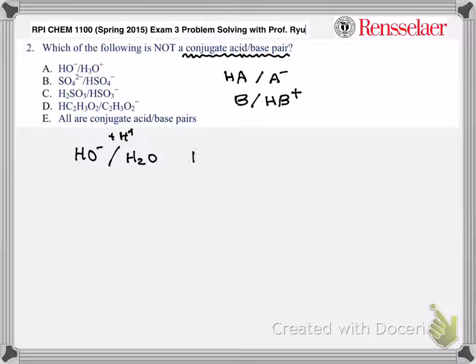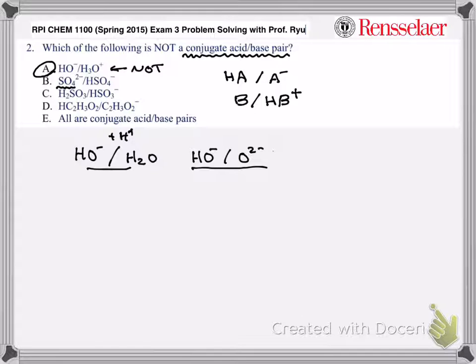What about HO minus losing H plus and becoming O2 minus? This is unlikely, but there's another example, but I don't see them. So I guess this is not the case. I guess we got lucky that the answer is A. Let's check on the answer here.